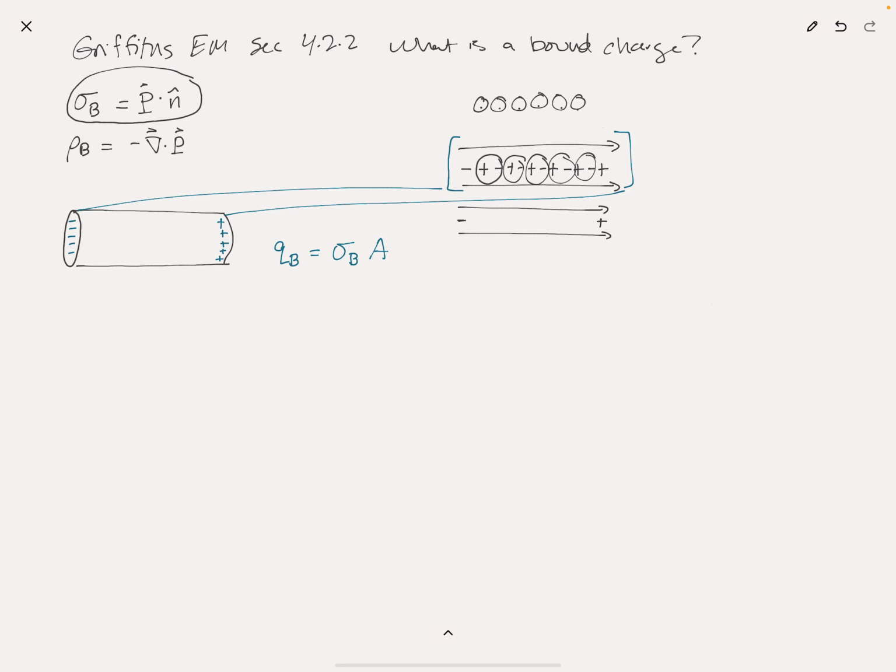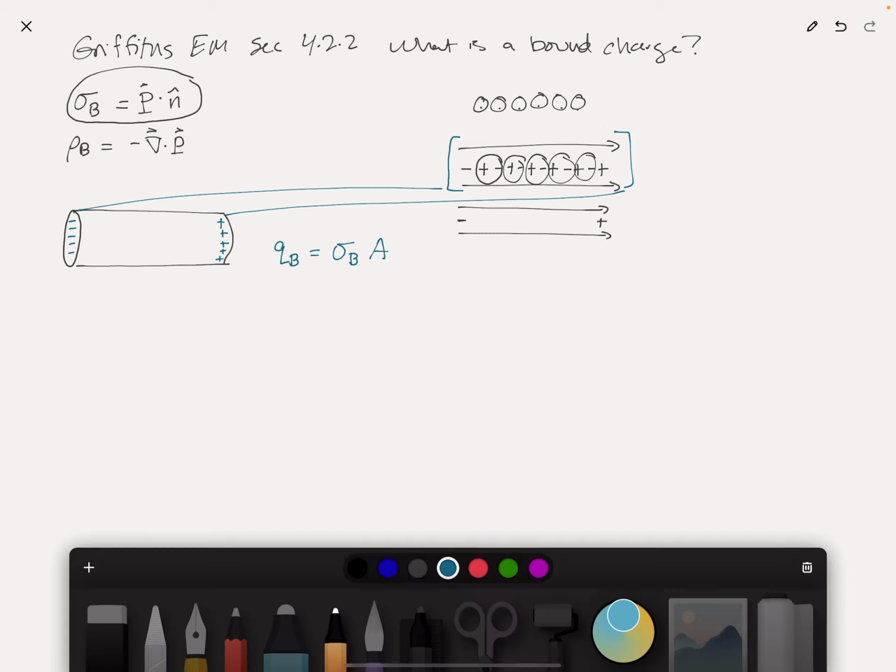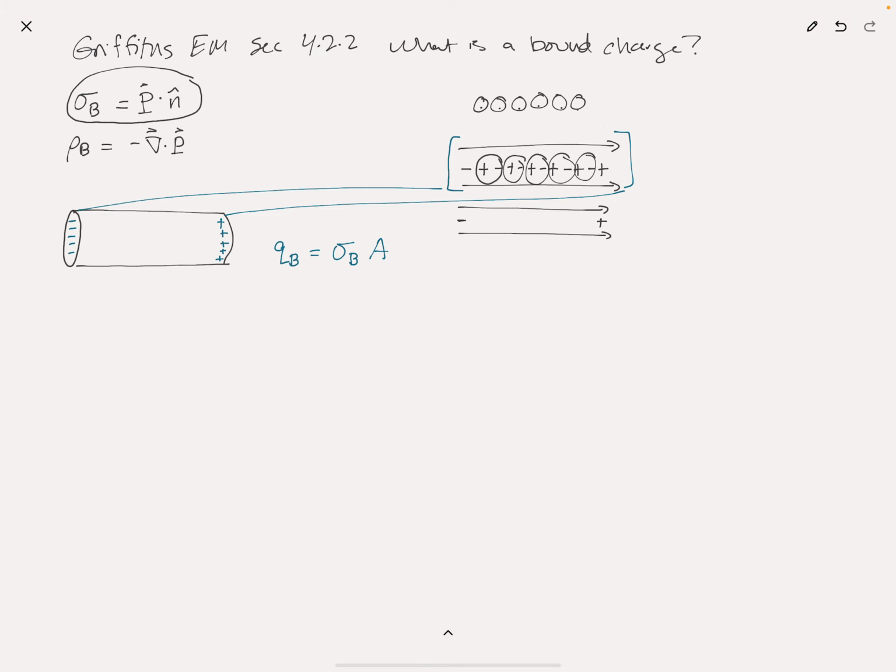Now, I can take that same exact object and make a slice, kind of in a weird way, but I still have the same number of charges on each surface, right? I still have the same total charge.